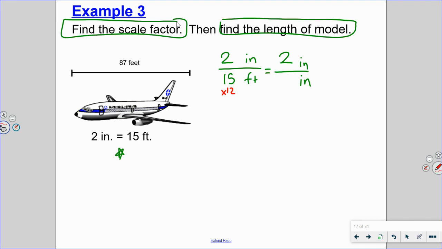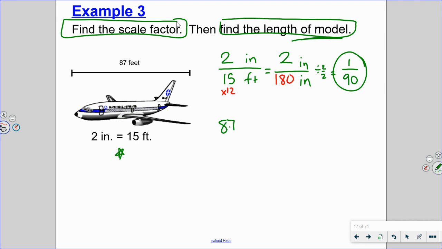So 15 times 12, I trust you guys can take care of that. It's going to be 180. Reduce by 2, if you please, to find the scale factor of 1/90th, as in the model is a 90th of the plane or the plane is 90 times. Okay, find the length of the model.